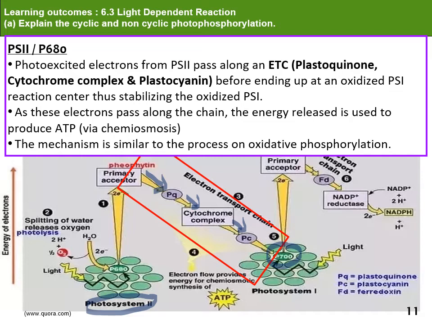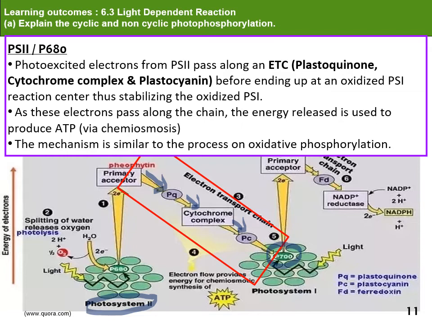So it means that the electron lost from the P700 is replaced by electrons of P680. So it will stabilize the reaction center of P700.